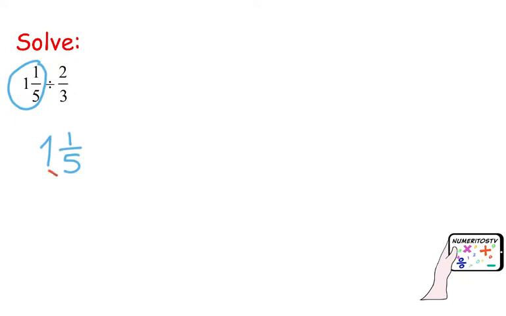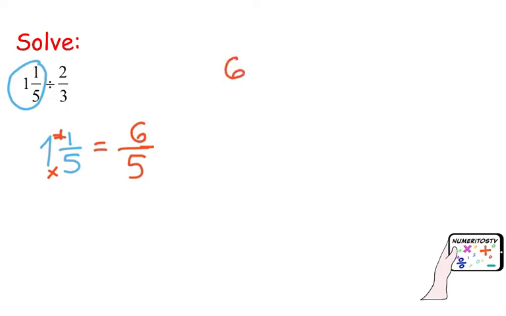So you multiply the denominator times the whole, you add the numerator, and that will give you the numerator of your improper fraction. So let's do that. 5 times 1, that will be 5, plus 1, that will be 6. 6 is your numerator, and the denominator stays the same because we're working with fifths. So 1 and 1/5 is the same as 6/5.